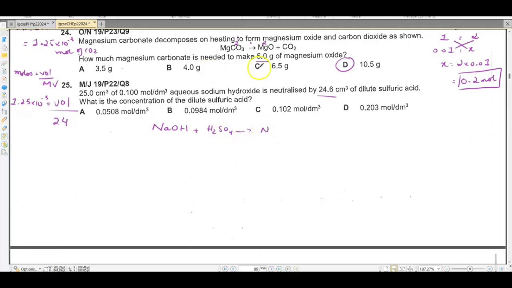So this gives us Na2SO4 plus H2O. And here are 2 sodiums and 2 hydrogens, so 2 is going to come over here. Okay, now this is a balanced equation for this reaction. So let's find the moles of NaOH with its concentration and volume.